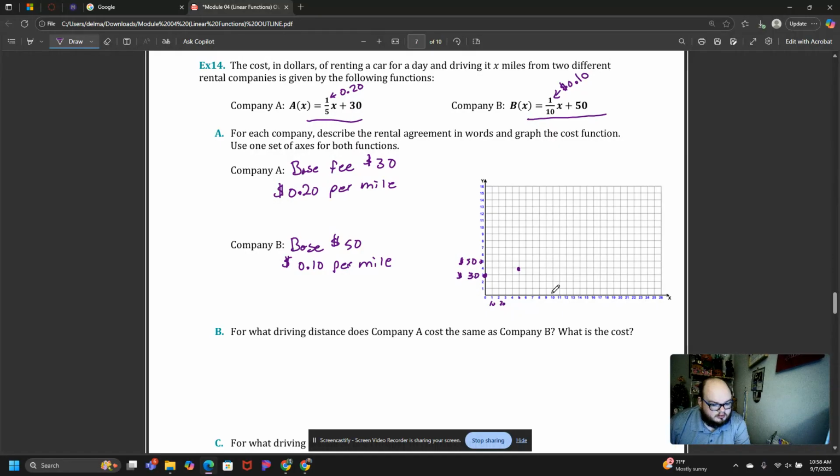Okay, so then at 100 miles we would be at $50. And then at 150 miles we'd be at $60. And then at 200 miles we'd be at $70. So all I did was I took 10 and divided it by 0.20 to figure out how many miles it took me to use up $10, because I'm counting by tens on this.